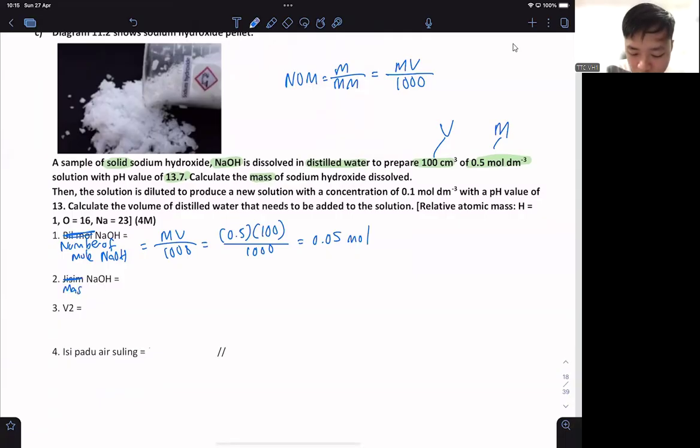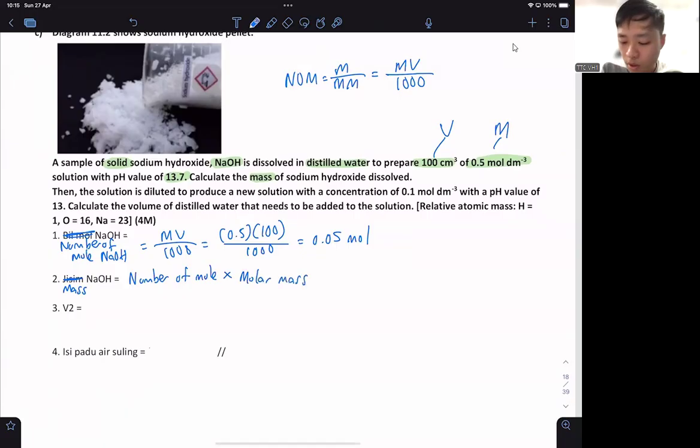Then you use mass. If you want to find mass, you use number of mole multiplied by the molar mass.